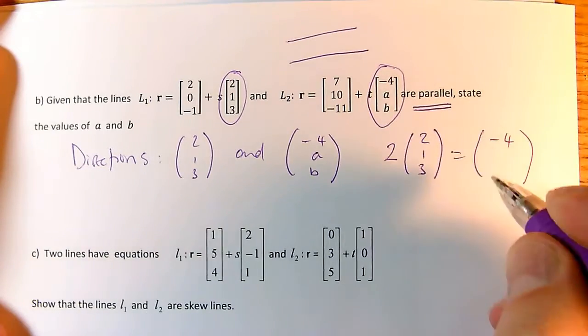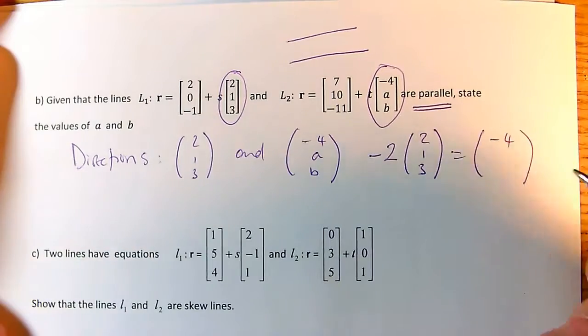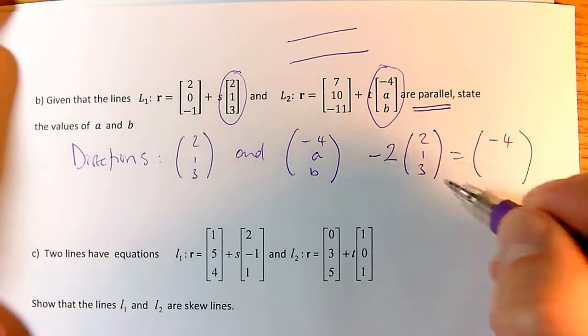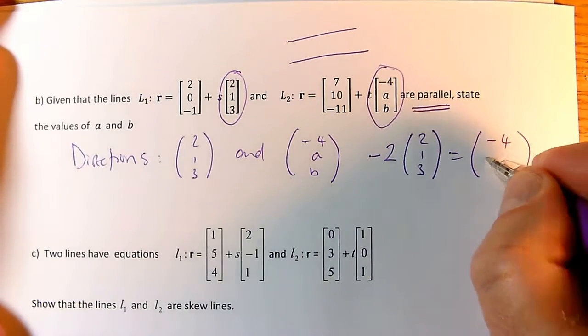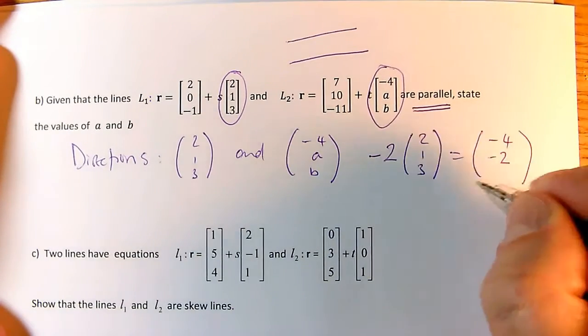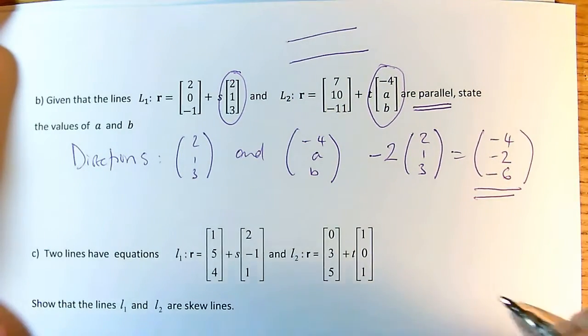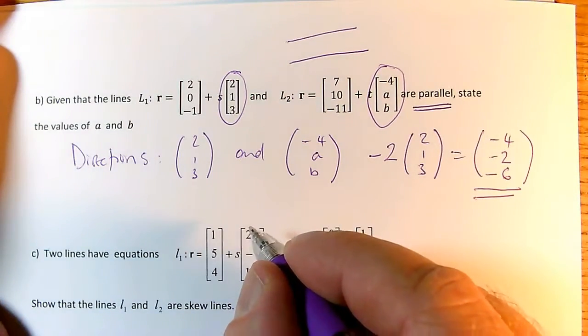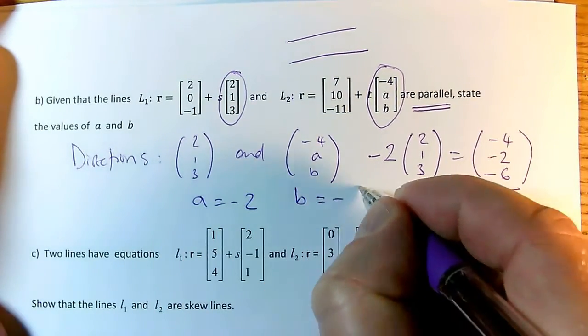So -2 times 2 is -4. So therefore, the other two parts of the vector are just forced. If it's going to be parallel, this has to be -2 times 1, which is -2. -2 times 3 is -6. So therefore, that has to be my direction vector for parallelness to happen. And therefore, A has to be -2 and B has to be -6.